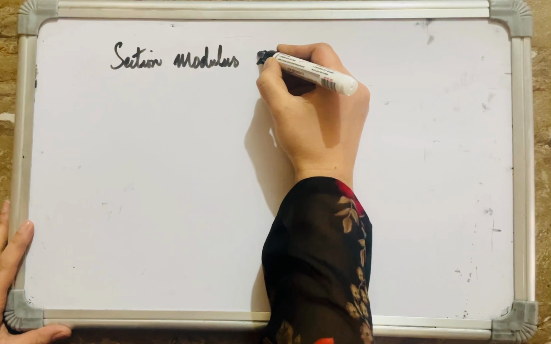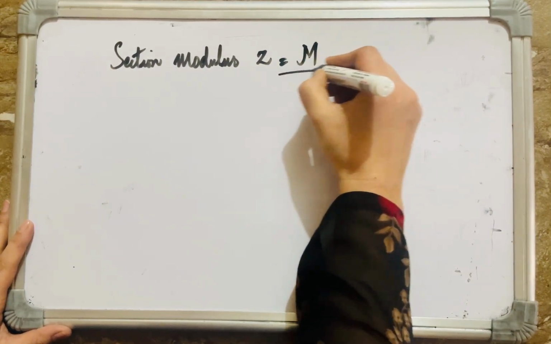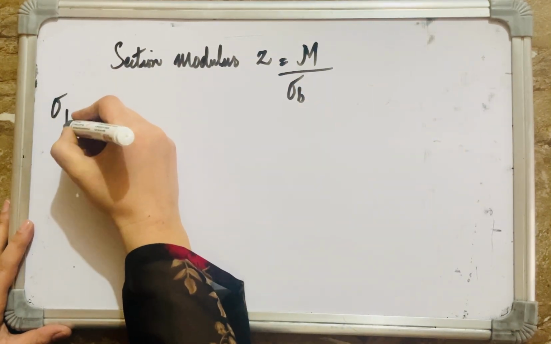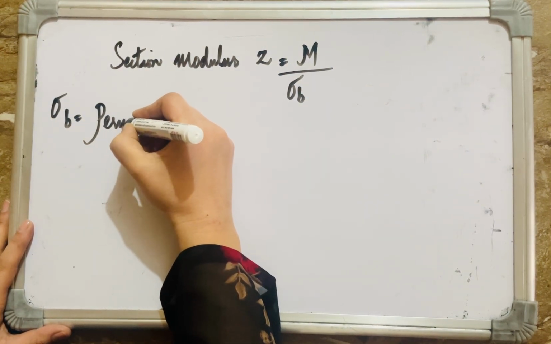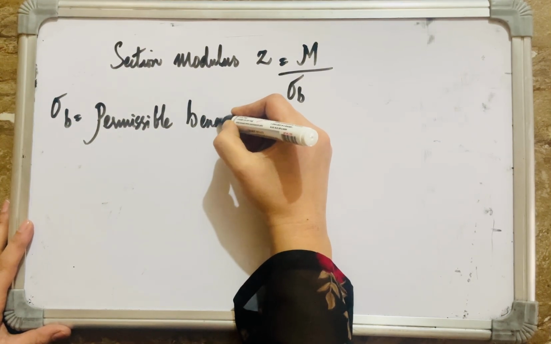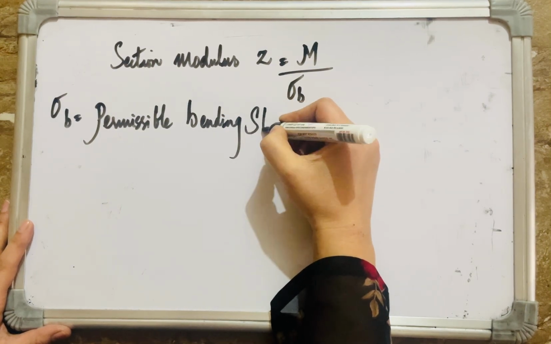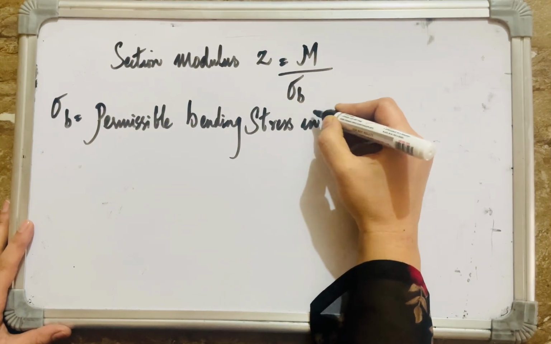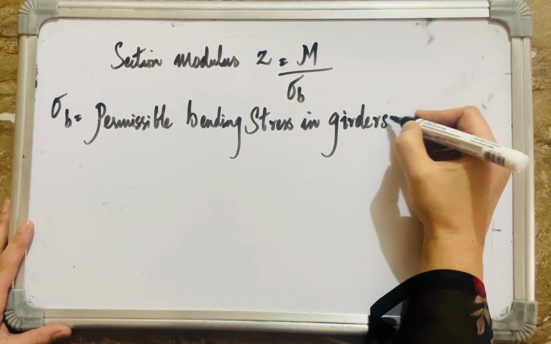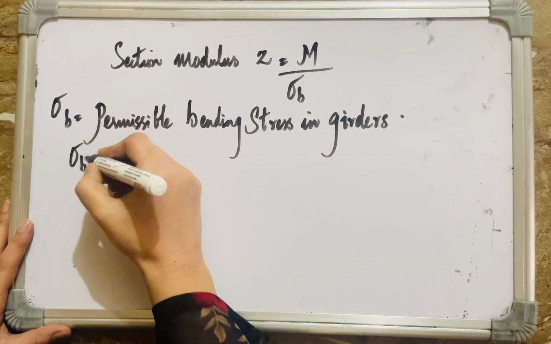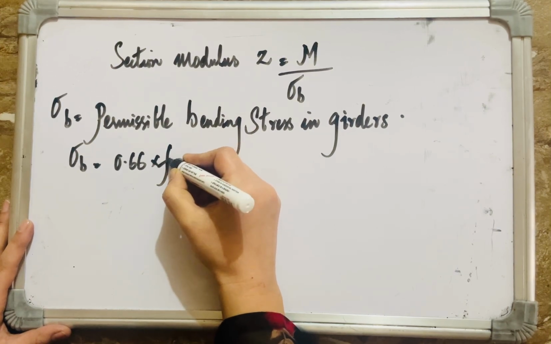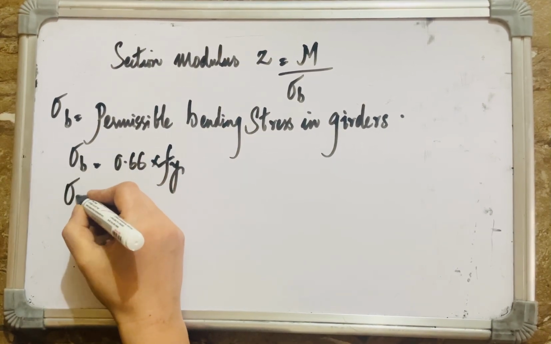It is designated by Z. It is equal to M by sigma B, where M is the design moment and sigma B is the permissible bending stress in girders, be it stringers or cross girders. And it is equal to 0.66 multiplied by the yield strength of the section that we are using.